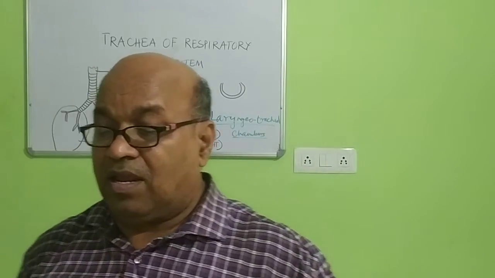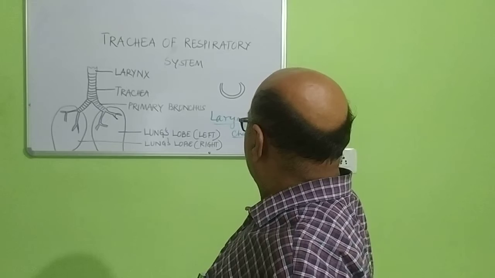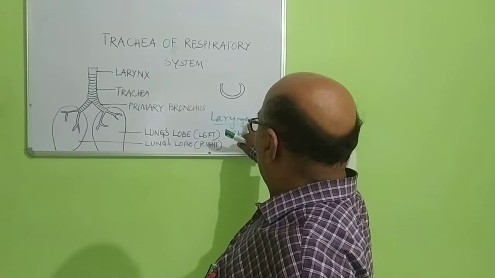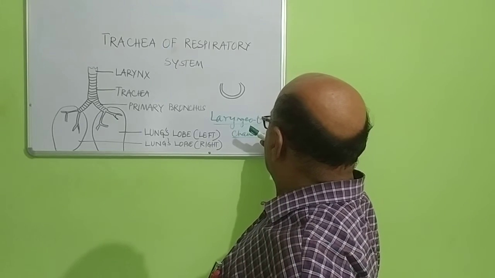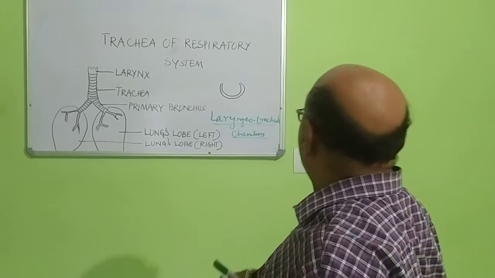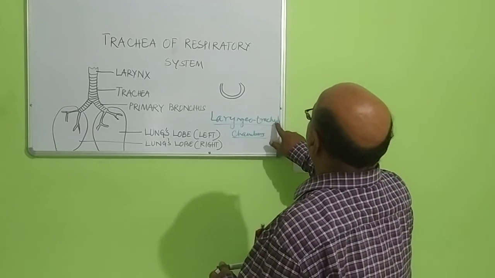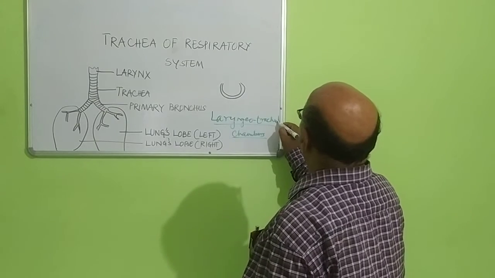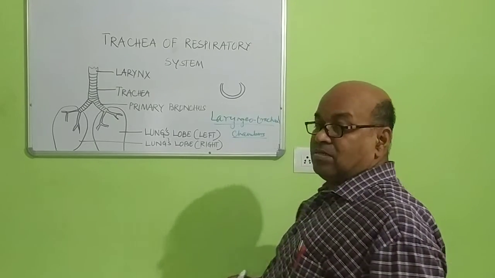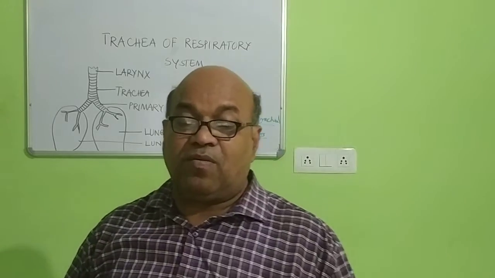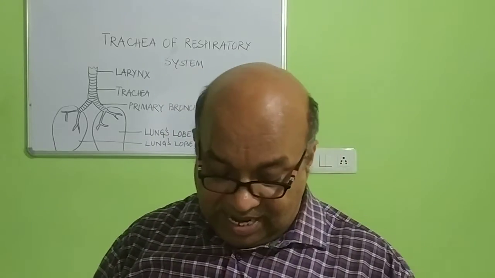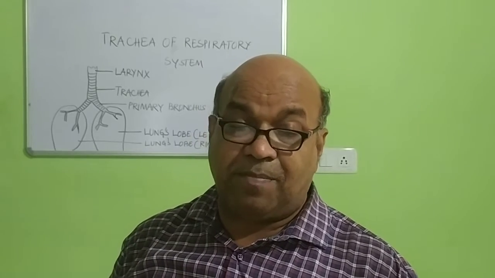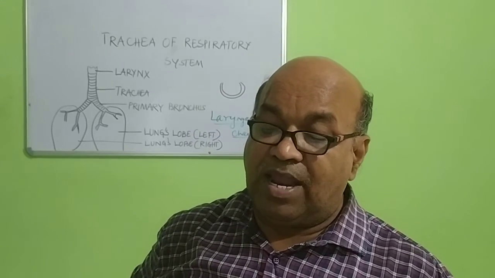What is the name of it? Laryngeo, L-A-R-Y-N-G-E-O, tracheal, T-R-A-C-H-E-A-L. The laryngotracheal chamber is formed in lieu of the trachea and larynx, after their merging.